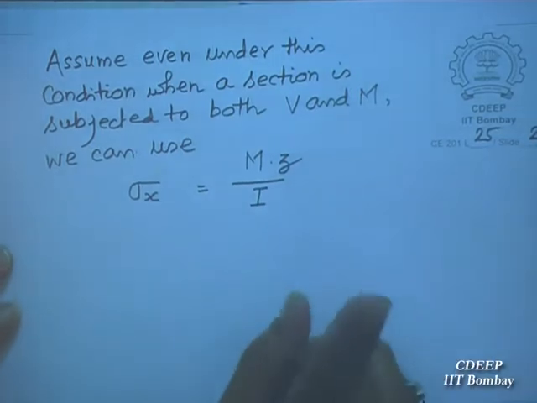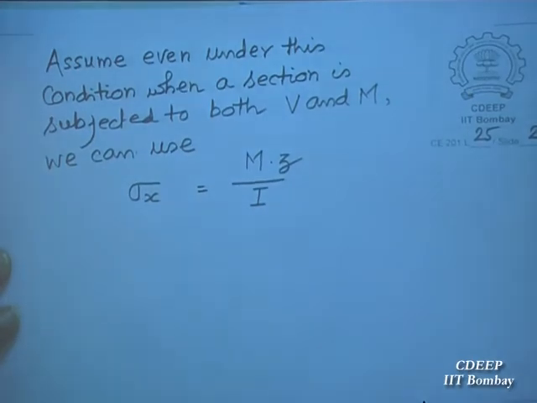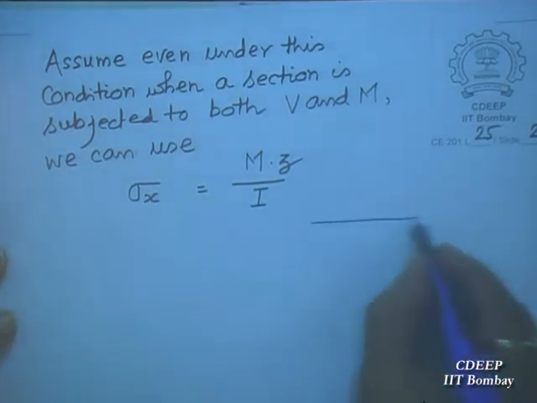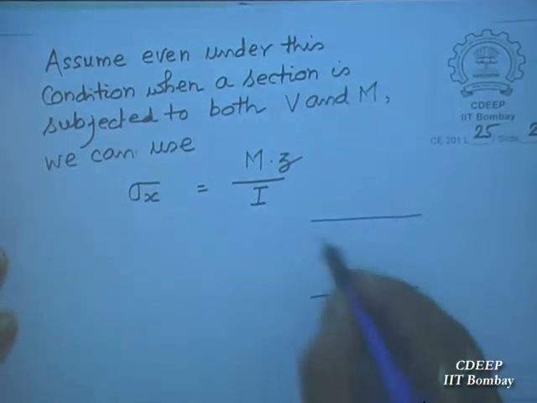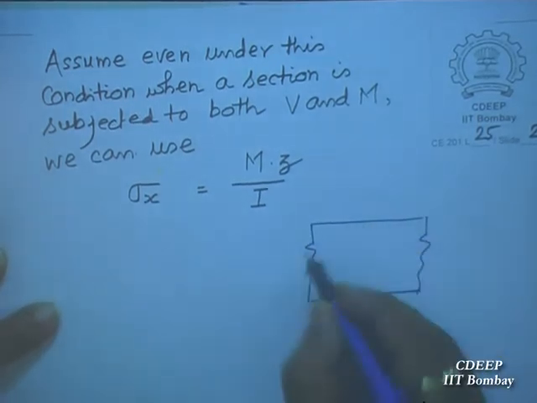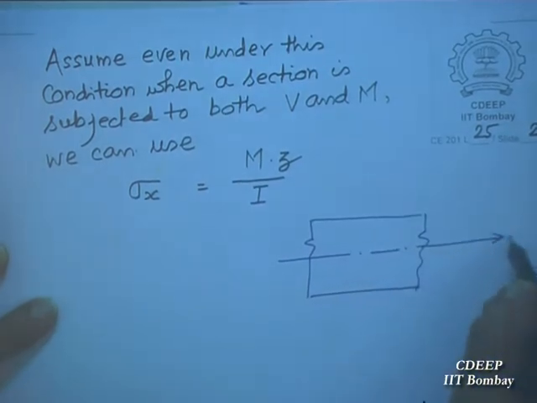So what you had raised in the beginning is, sir, you are using the second assumption that transverse normals, this is the cross section of the beam, this is the longitudinal section of the beam, and this is the neutral axis x.